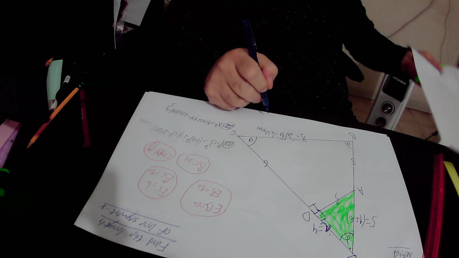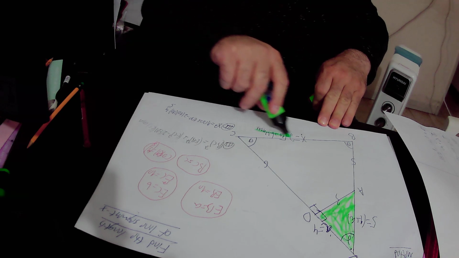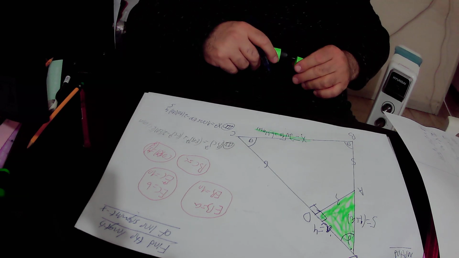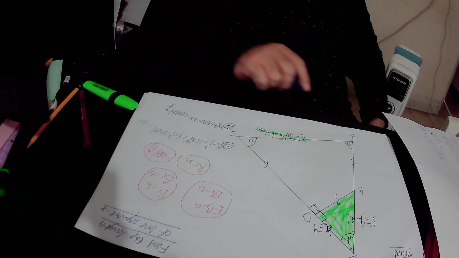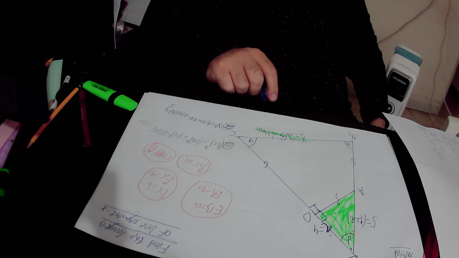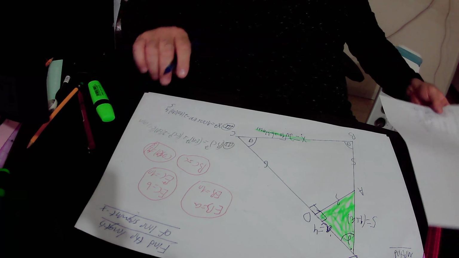Okay, so we finished with the first method. In the next step, I will present to you how to find the length of this line segment BC that is equal to x according to the second method.